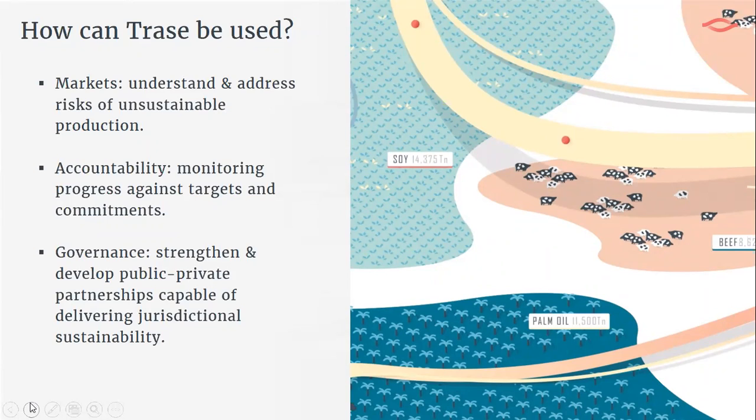For example, it can benchmark soy deforestation risks in imports for countries that have signed the Amsterdam Declaration commitment to deforestation-free supply chains by 2020. And finally, we see a strong use case in its role in linking companies to places, as it can support the development of jurisdictional approaches and also provides buyers with information on high-performing places in terms of sustainability.